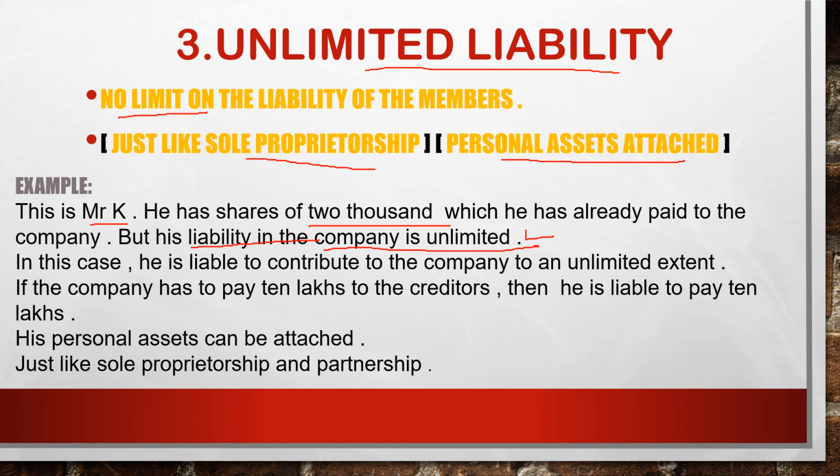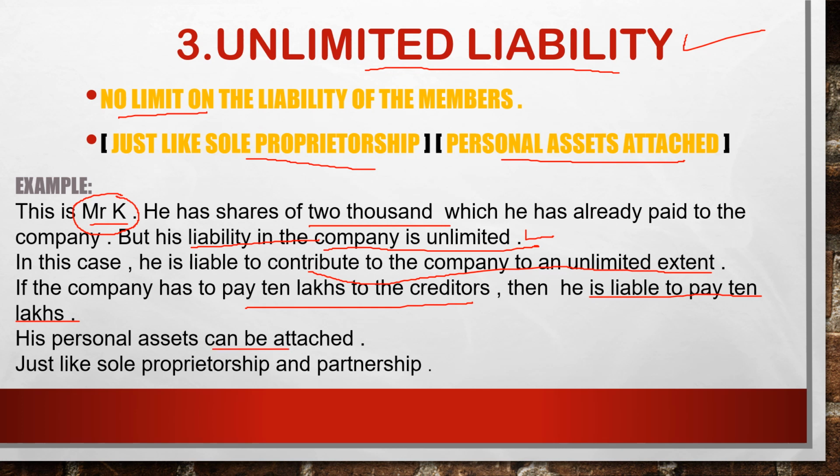But here, even if you have paid the full value of the shares, if your liability in this company is unlimited, you are liable to contribute to the company to an unlimited extent. If the company has to pay 10 lakhs to the creditors, then Mr. K is also liable to pay 10 lakhs. Why? Because his liability in the company is unlimited.